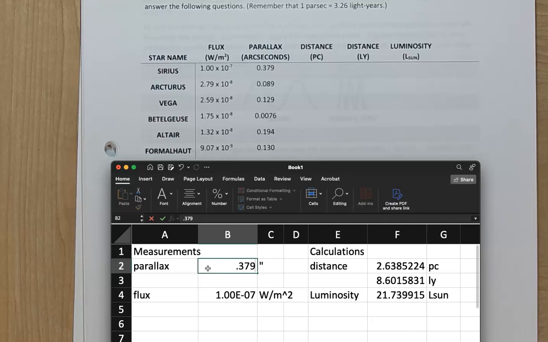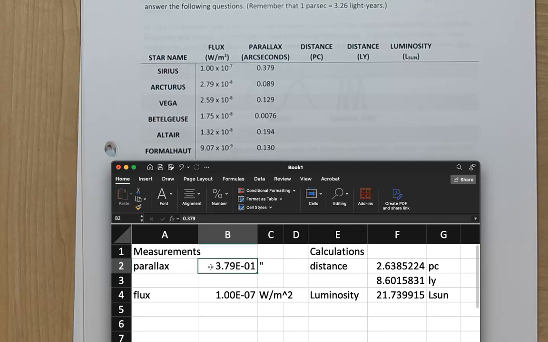It has a parallax angle of 0.379 arcseconds, and it has a flux of, and here you can use the E notation in your spreadsheet, 1e minus 7. Remember, the E stands for times 10 to the power of whatever you put after. So if you want to put in a flux of 1 times 10 to the negative 7, you just put in 1e minus 7. There we go.